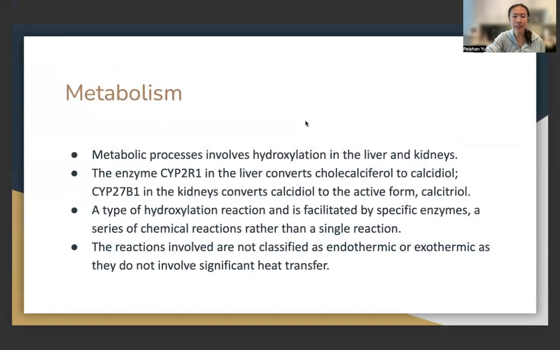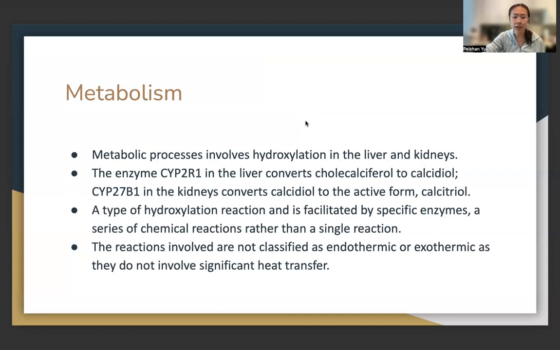Metabolism. Metabolic processes involve hydroxylation in the liver and kidneys. The enzyme CYP2R1 in the liver converts cholecalciferol to calcidiol. CYP27B1 in the kidneys converts calcidiol to the active form, calcitriol.